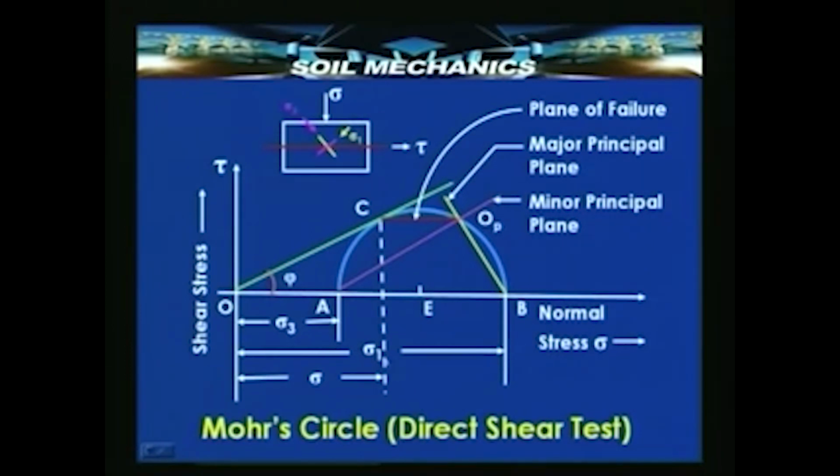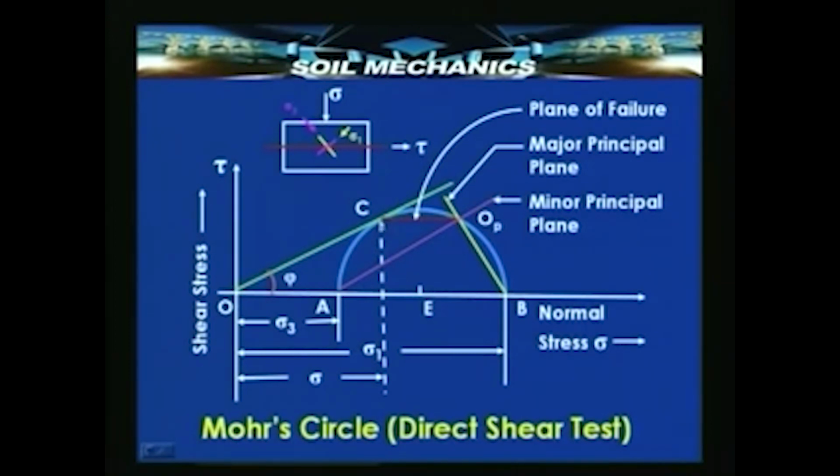For example, if you take sigma 1, to get its orientation, we will use the so called pole method, which we saw in detail in the last lecture. Take this point C, that is a point whose stresses correspond to those on the failure plane.